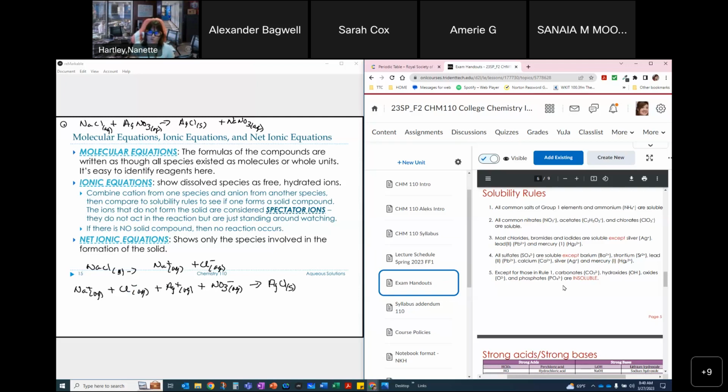They've come together to form that solid, plus the Na+ (aq) plus the NO3- (aq). So we've explicitly shown all of the ions as separate species, because that's how they exist in that beaker.